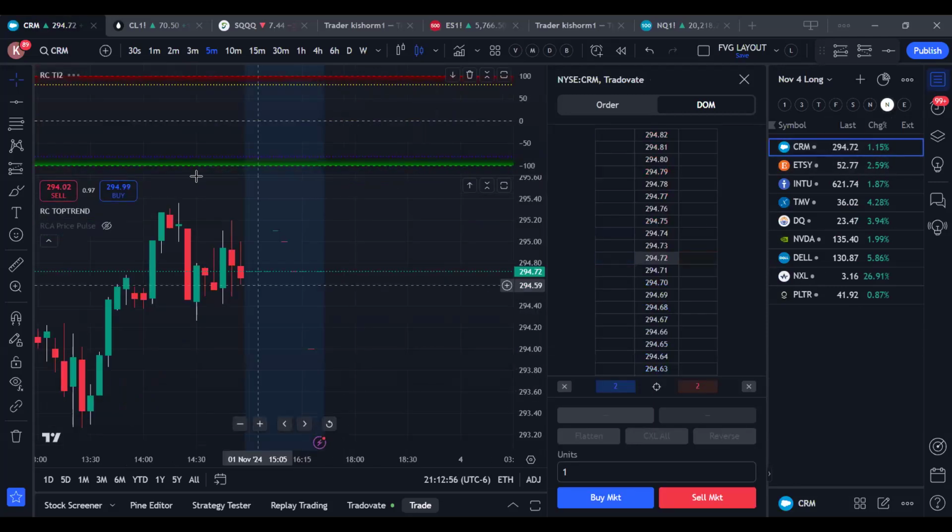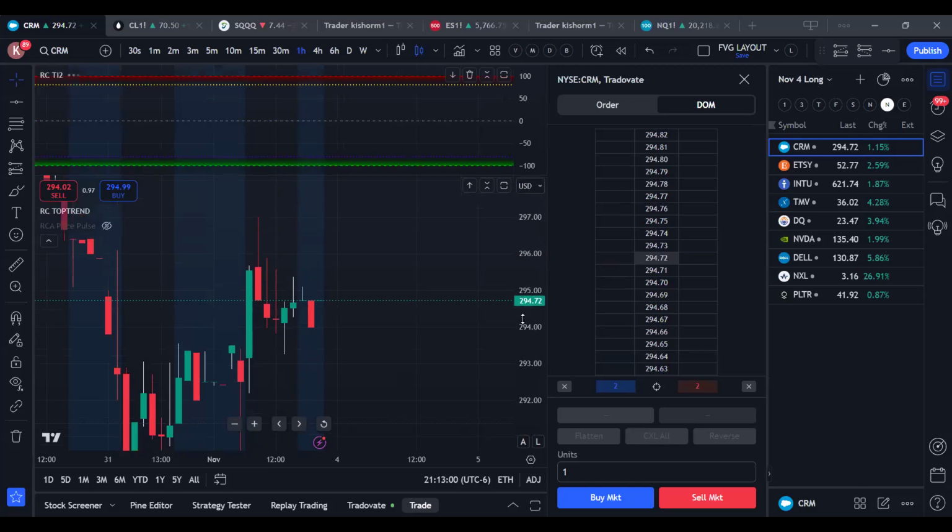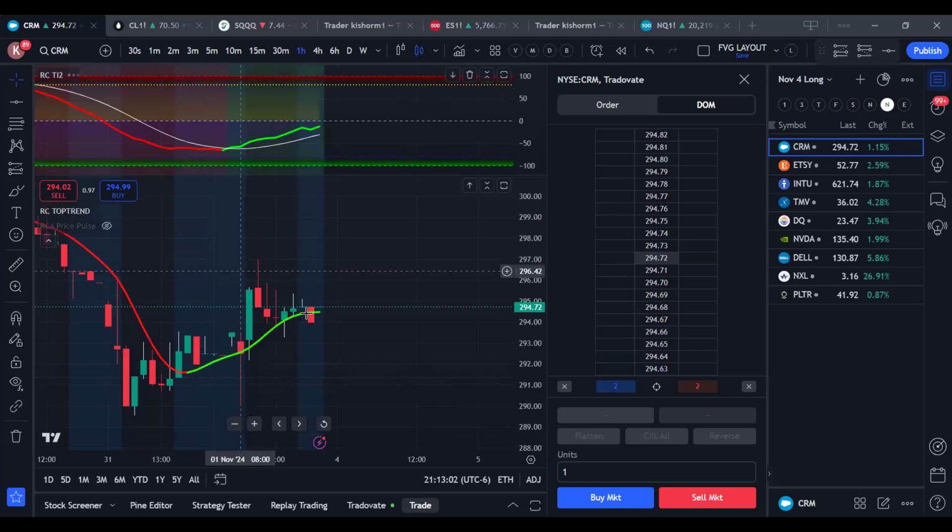CRM is looking good for tomorrow. Tomorrow we may see CRM.